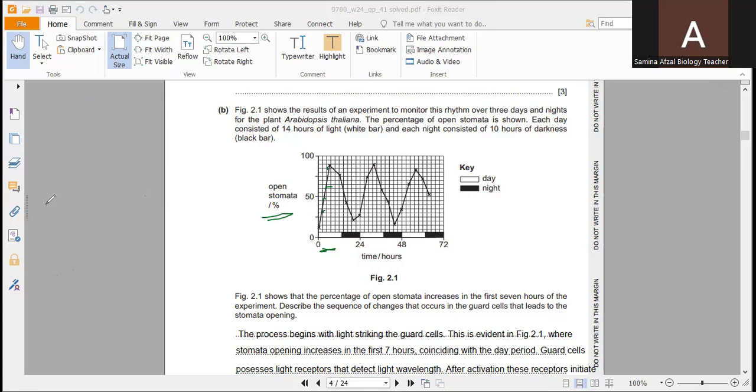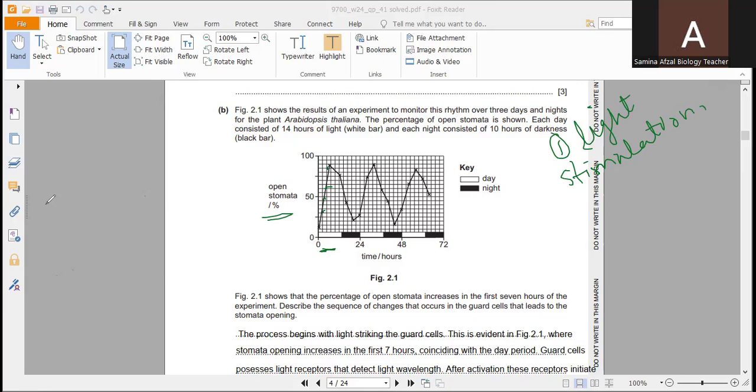So let's explain this figure 2.1, which shows the general plant physiology. The sequence of changes in guard cells leading to stomata opening. First of all, number one is the light stimulation.